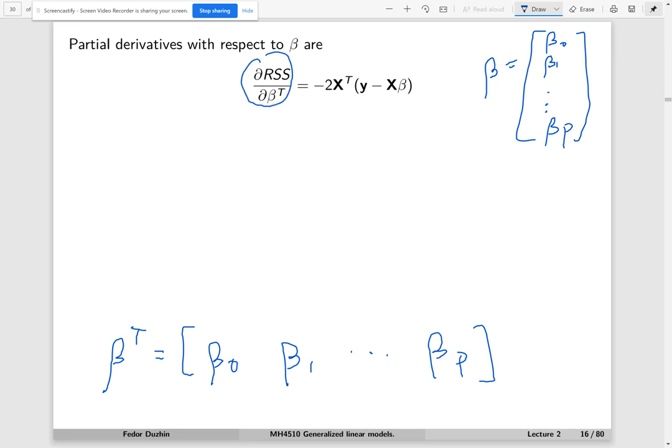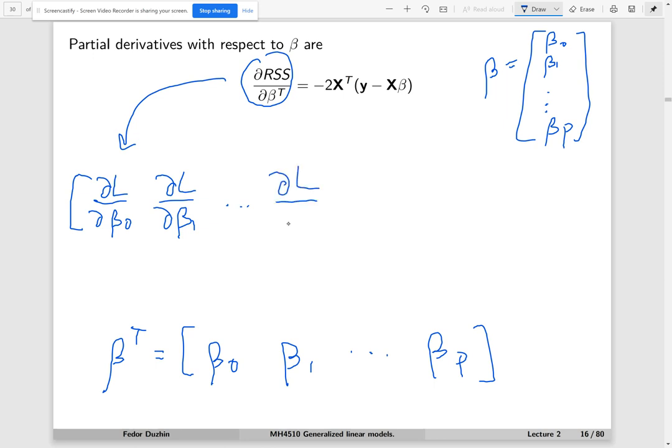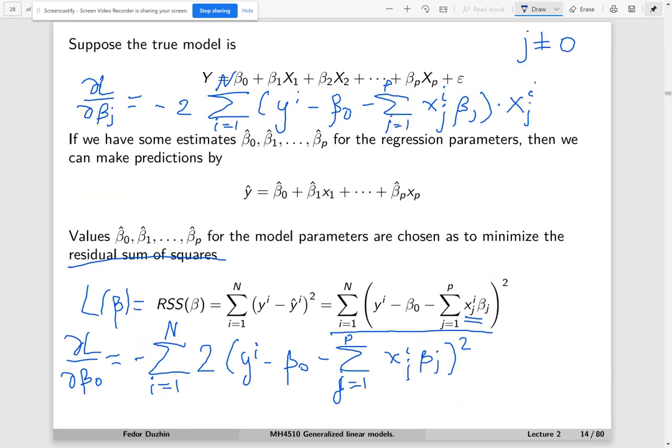Now, what is the partial derivative of the residual sum of squares with respect to beta transpose? This is nothing else than the derivatives of our loss function with respect to beta 0, beta 1, and so on, beta p. Well, this is a matrix equation, and you can check that it actually yields the same result as we saw 2 slides before.